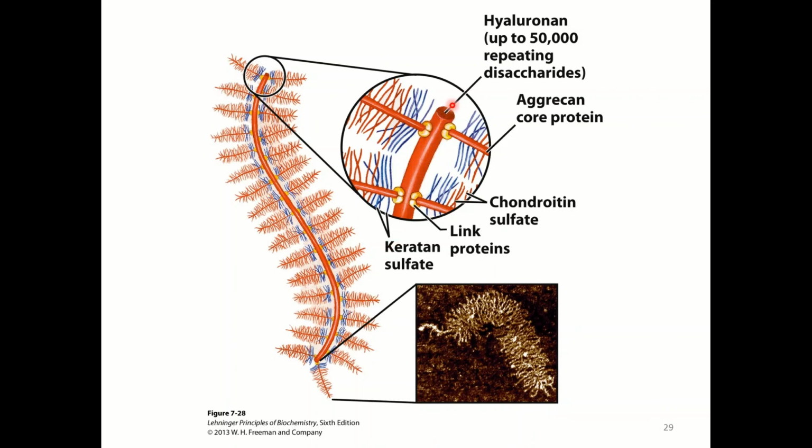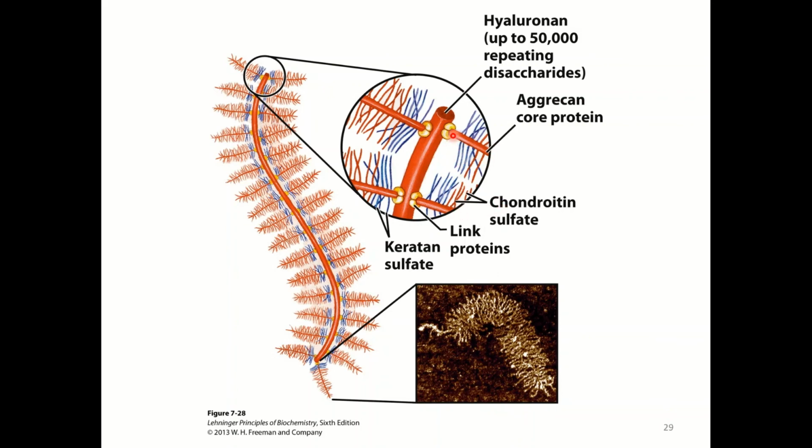So that is the core, and then attached to the core are this aggregate protein, which is shown here also in red. So that's probably a little bit confusing, right? This here is a polysaccharide. These are rod-shaped proteins attached to it.